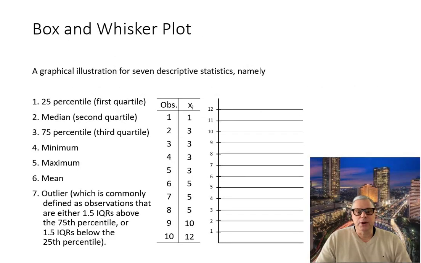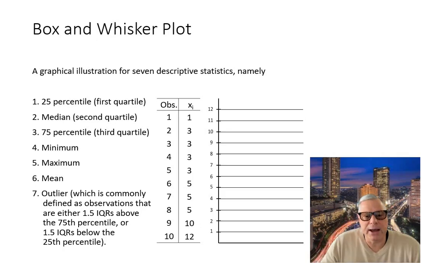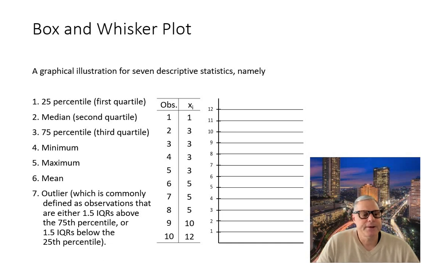And there's also a graphical illustration that combines measures of centrality with measures of dispersion, and that's a box and whisker plot. Box and whisker plots are really very informative, and you can see them very often in data visualizations.